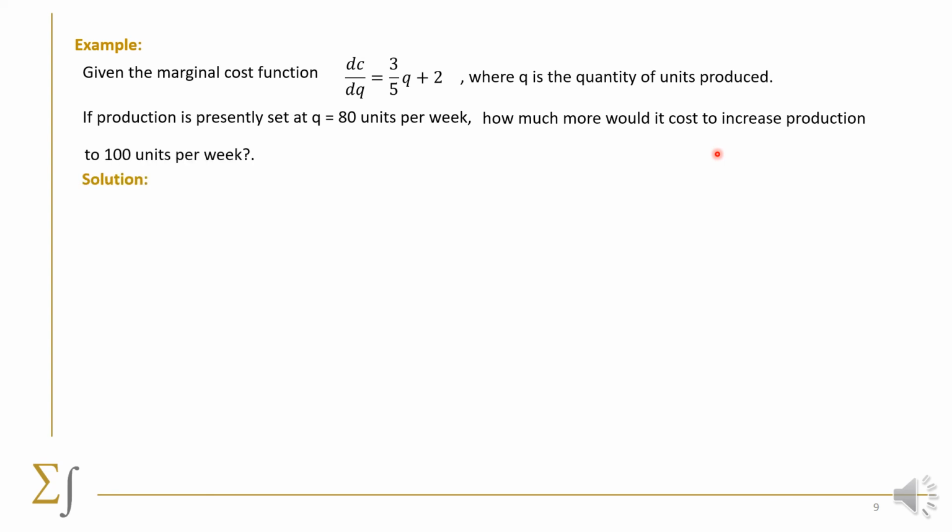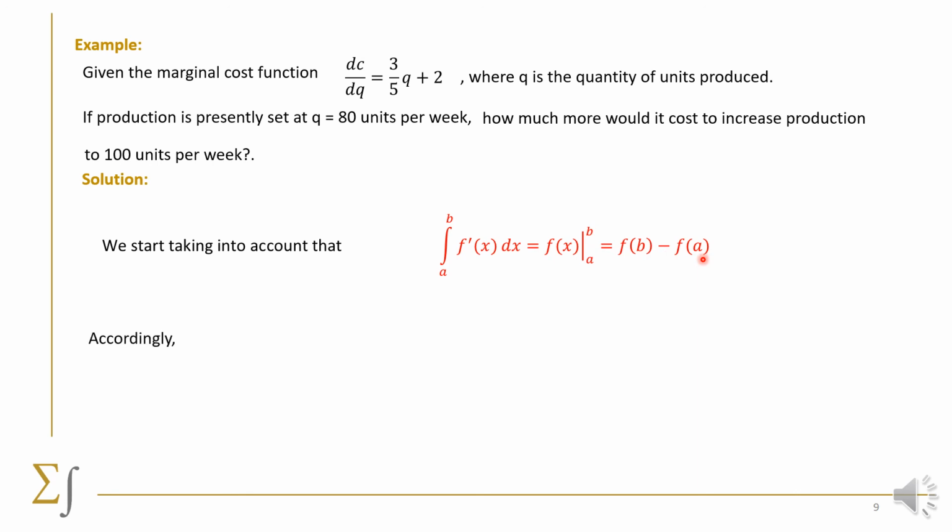In order to start solving this problem, we need to tell you that the definite integral of a derivative is given by the formula in front of us. Suppose I have f prime of x and I want to integrate it from a to b over x. So this is equal to f of x evaluated at b minus f of x evaluated at a.